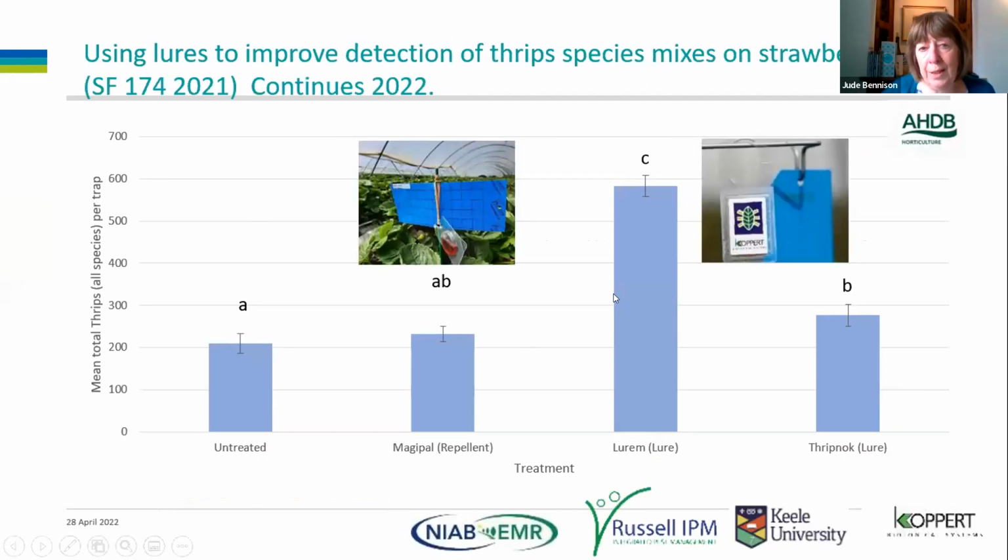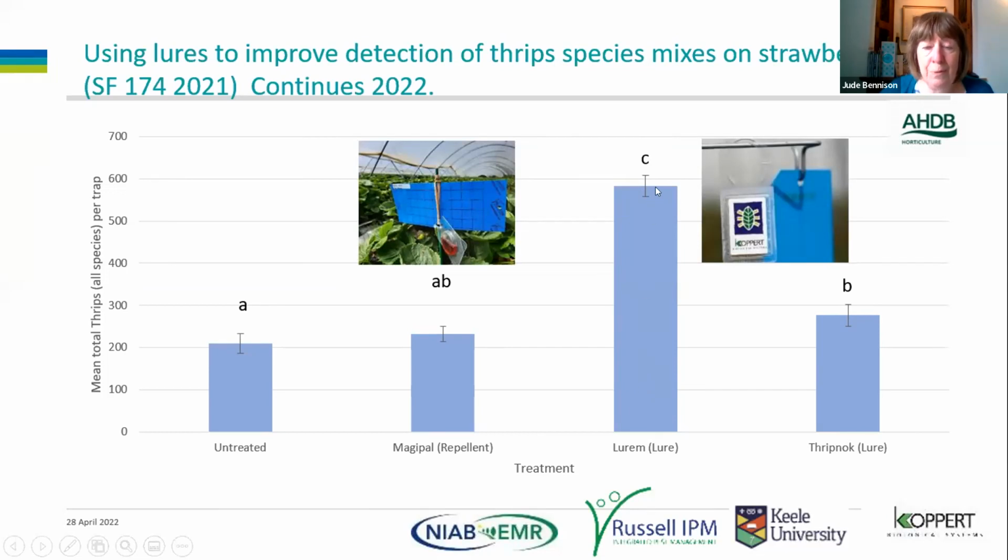We're currently working on an AHDB project on strawberry, where they have a mix of thrips species that can damage strawberry, including Western flower thrips and onion thrips, but also a couple of other species. Last year we did a trial and looked at the copper laurum, which is not a sex pheromone, it's actually a plant extract which is attractive to various thrips species.